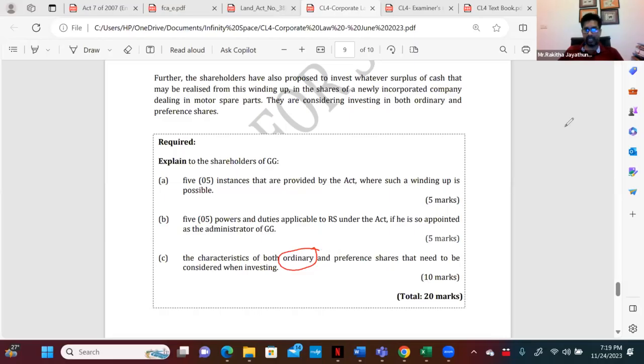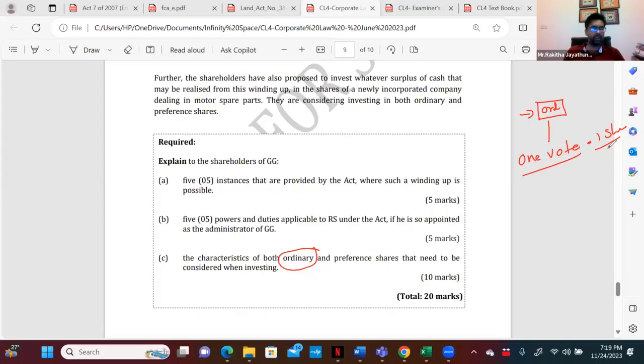We are asking, assume you have bought an ordinary share. What are the characteristics of an ordinary share? Basically, the ordinary share gives the owner, the ordinary shareholder, 1 vote per share. 1 share, 1 vote.